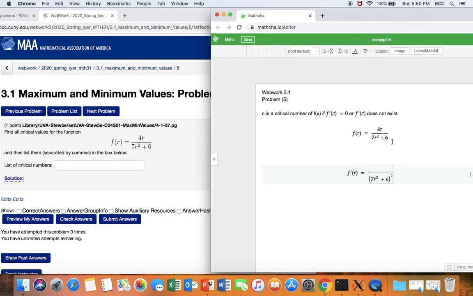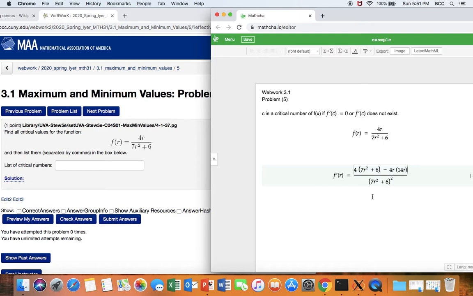What happens to the top? The derivative of the top times the denominator as it is, minus the numerator as it is times the derivative of the bottom. The derivative of the bottom gives me 14r and nothing from here.